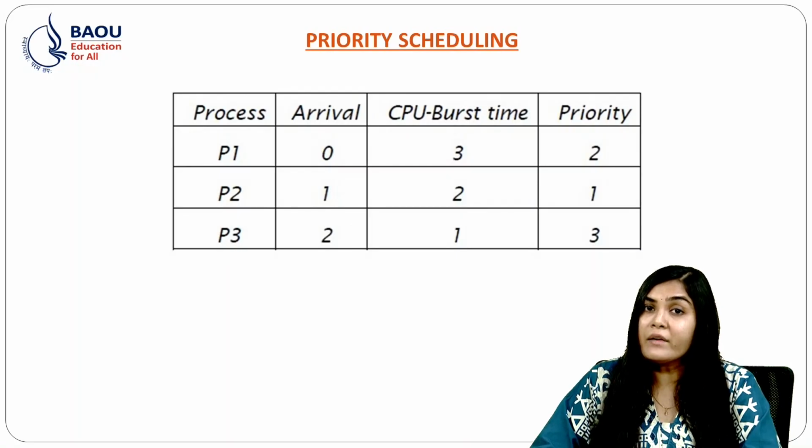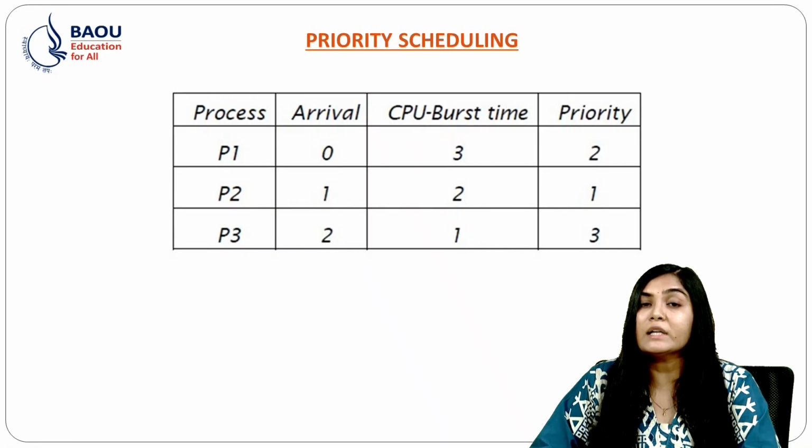P2 that arrived at 1 second has a 1 second job to be done with priority 1, and process P3 that arrived at second 2 has a 1 second job to be done with priority level 3. Here the P2 process has the highest priority level. So the CPU will do the 1 second remaining job of P2, which brings the process to completion.